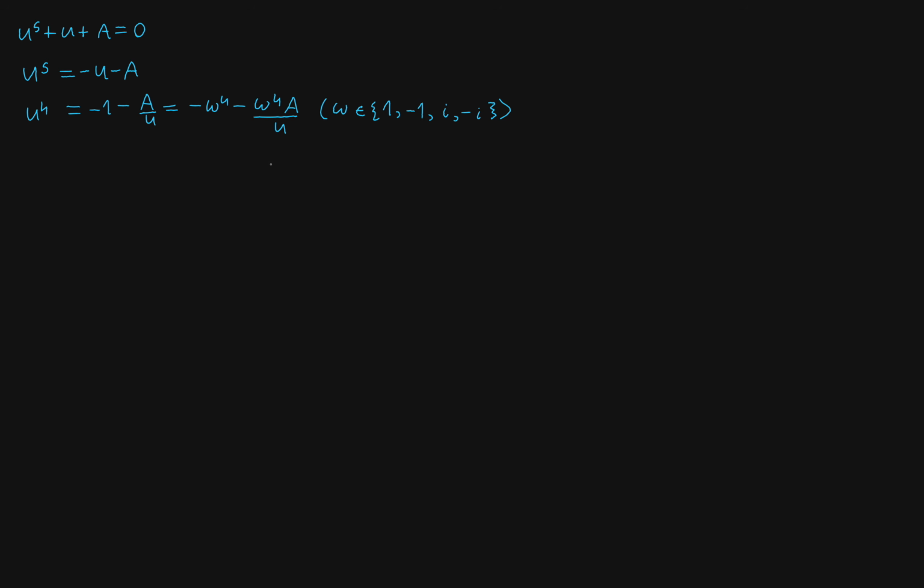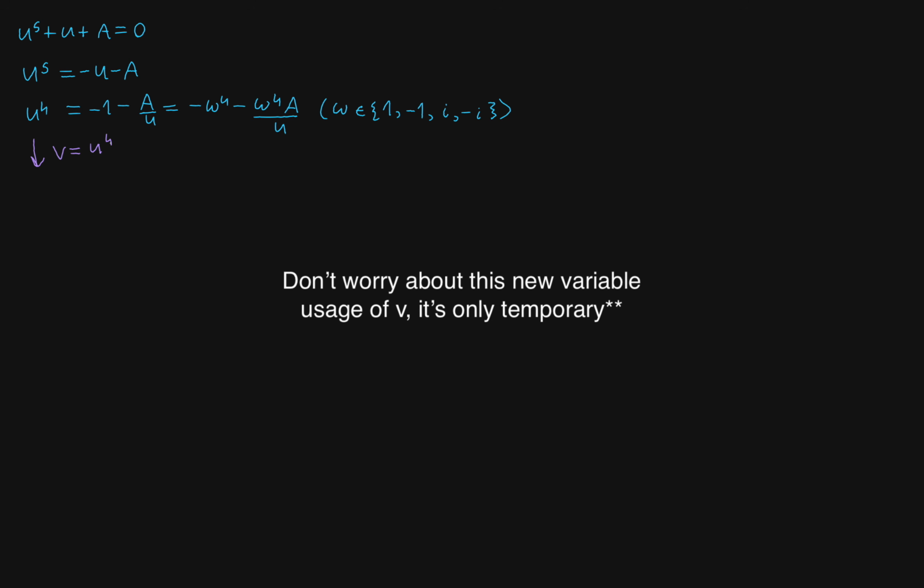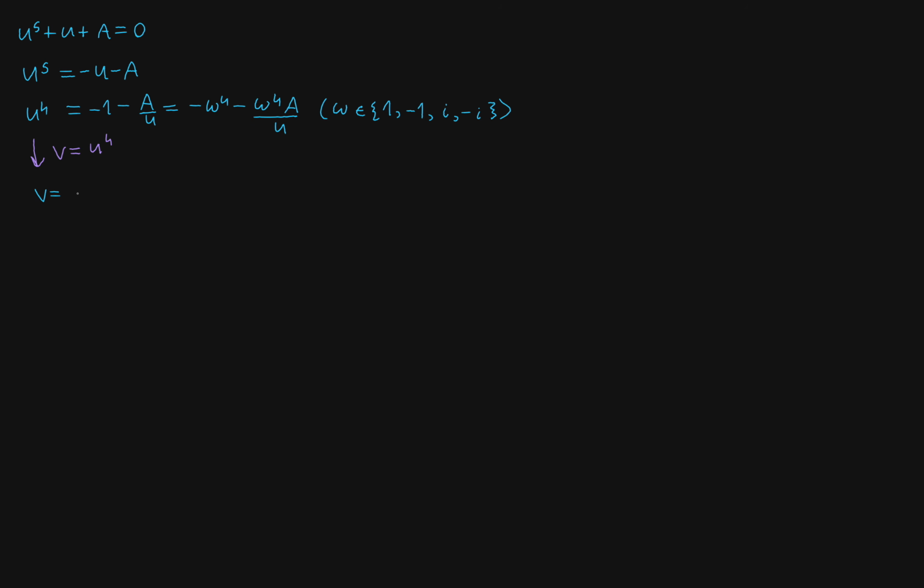And so now we can expand this as a power series solution, again using the Lagrange reversion theorem. Now we have a composed function, or a function of u, and we want to get the individual u. First we're going to let v be equal to u to the 4, so we can rewrite this in a clearer way, and we get v is equal to minus omega to the 4 minus omega to the 4 a divided by v to the 1 over 4.